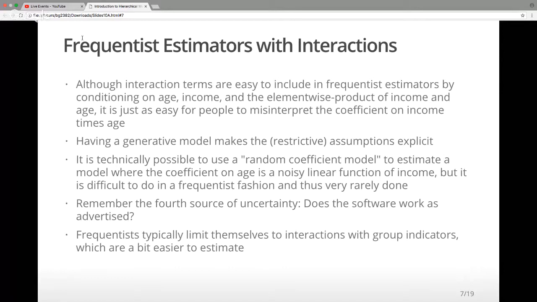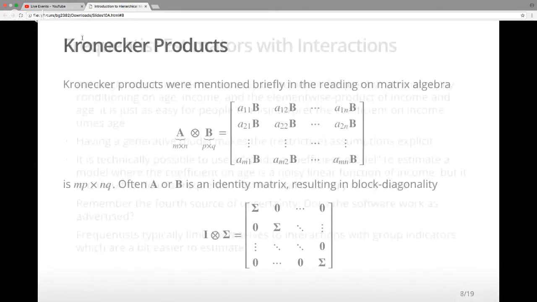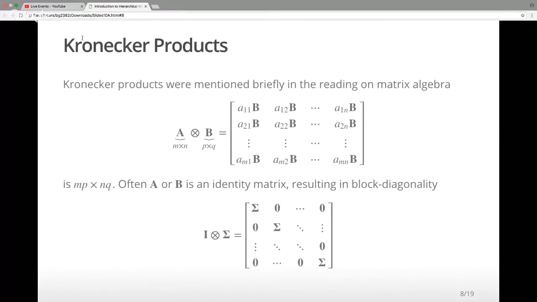If you just have these group level indicators, like what race are you, what state do you live in, interactions with dummy variables, then it's easier for frequentist software to find the mode of the likelihood. And that's what you typically see people doing when they use frequentist software to estimate models with group level structure and group level interactions.